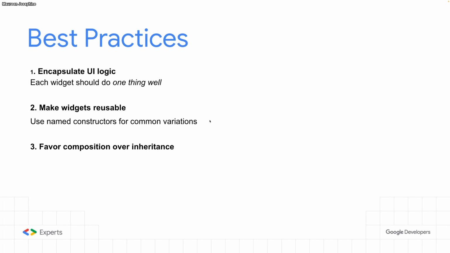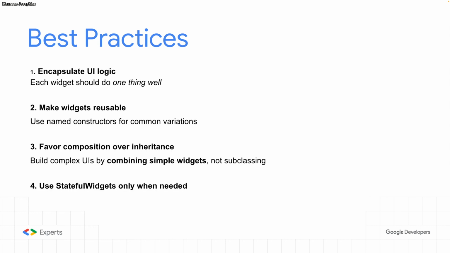And then the third best practice is to favor composition over inheritance. This means building complex UIs by combining simple widgets and not subclassing. So this is one of the best practices as well to make your coding easier and better.